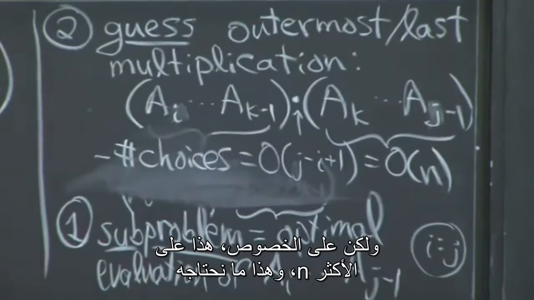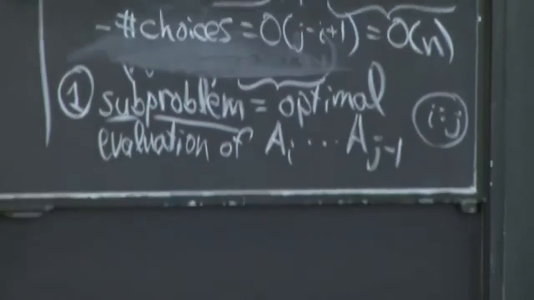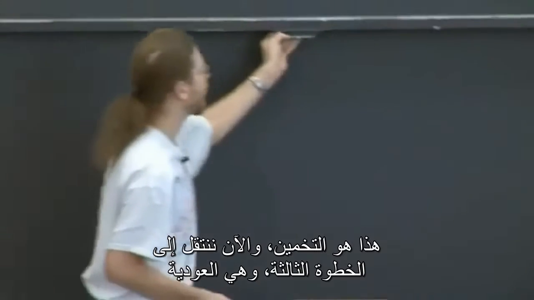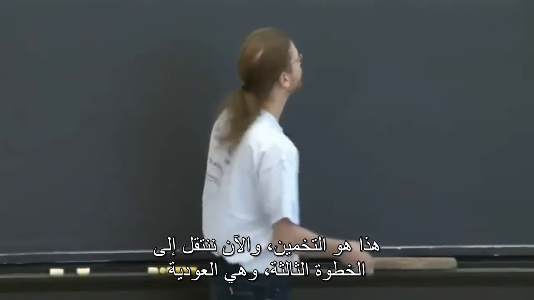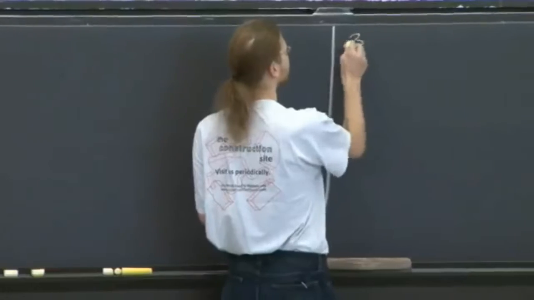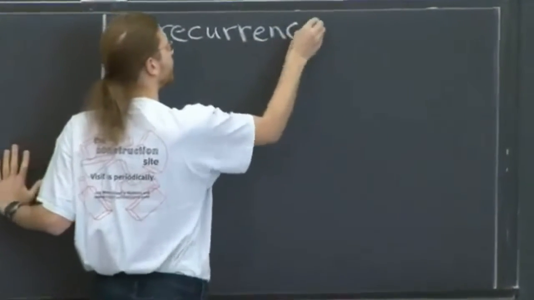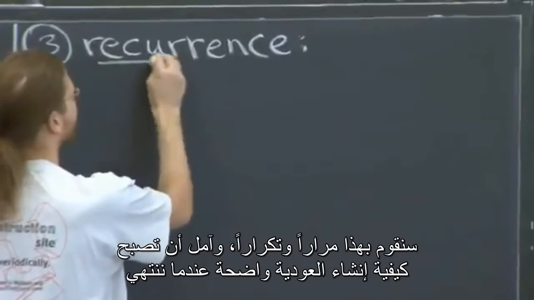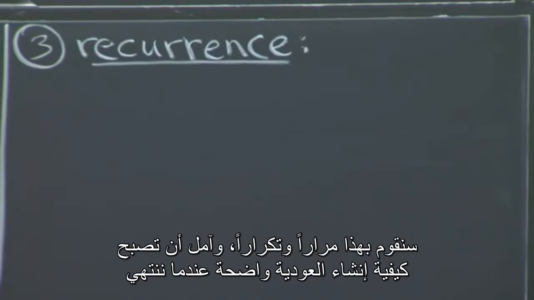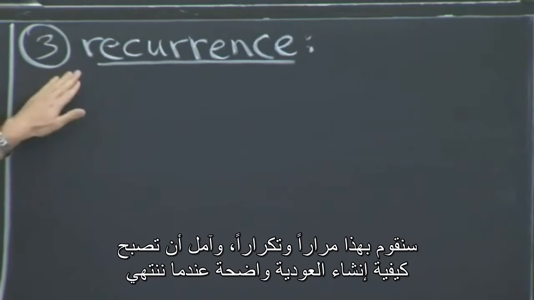And that's all we'll need. Okay, so that's the guess. Now we go to step 3, which is the recurrence. Okay, and we're going to do this over and over again. Hopefully by the end, it's really obvious how to do this recurrence.